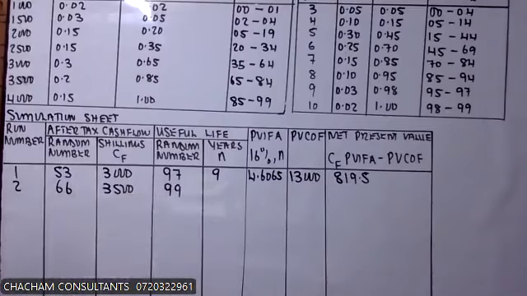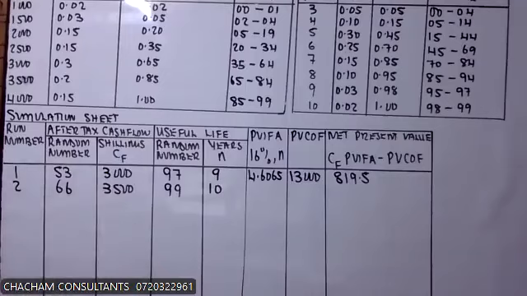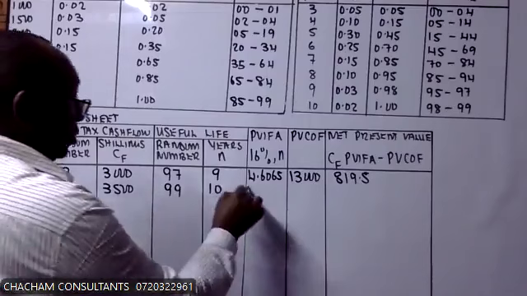So 99 is going to give us 10 years. So read for me the PVIF. $4.8332.